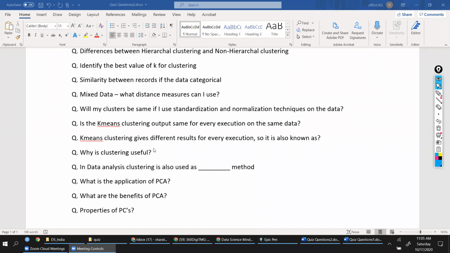Remember, in our sessions, we discussed 6 original columns and we get 6 principal component weights, 6 by 6. So that's basically the properties of your principal components.